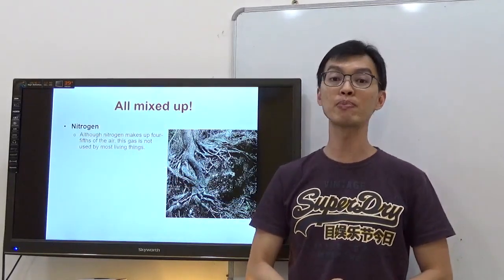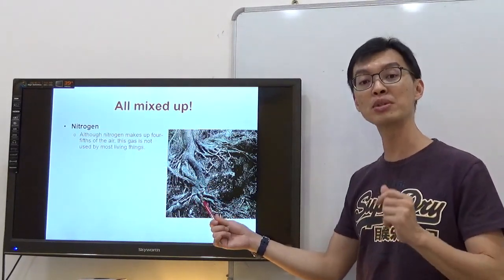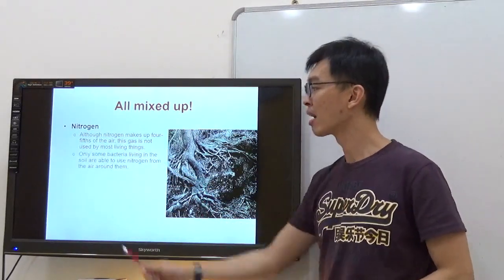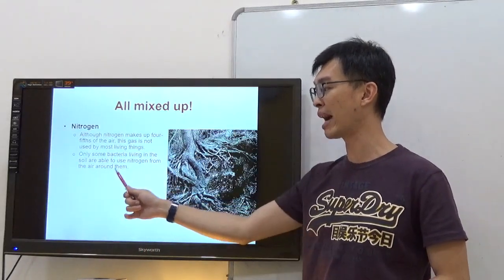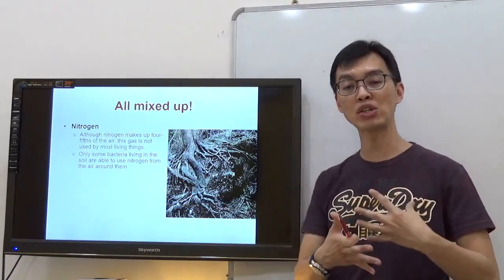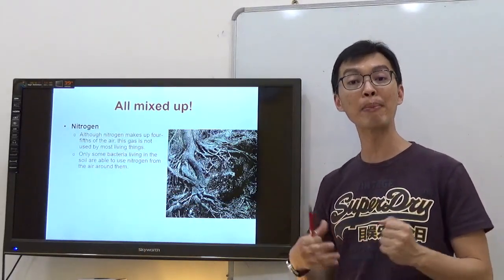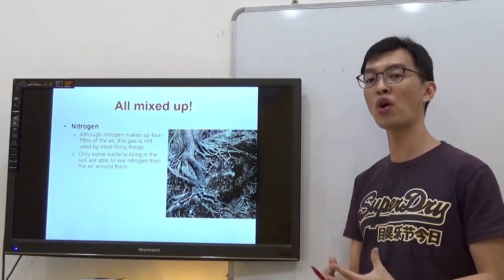Although it's not used by most living things, it is used by the plants, the roots of the plant, okay? Only some bacteria living in the soil are able to use nitrogen from the air around them. So this bacteria will convert this nitrogen into something that the plant can take in, and this will become nutrients for the plant.